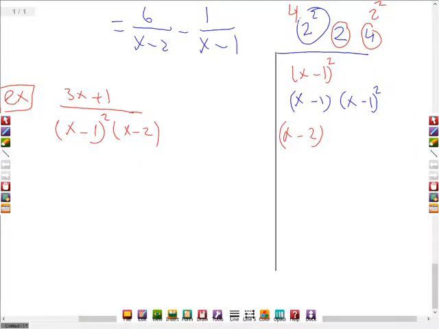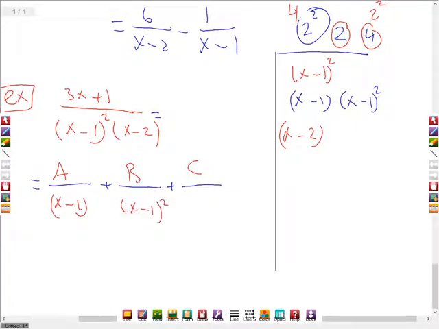Then my problem will be, I'm going to break it down, I'm going to write it down to have more space, equal to A, B, and C over x minus 1, and x minus 1 squared, and x minus 2.